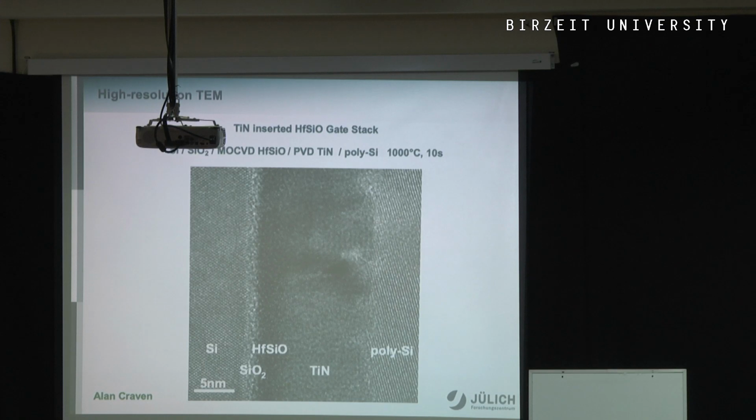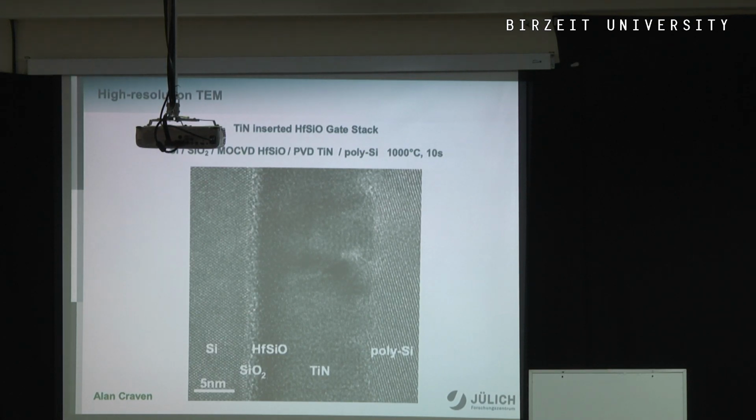But the result is also that the images that are recorded tend to be very complicated because of multiple scattering. For heavy atoms, even 1 to 2 atomic layers of material already result in multiple scattering of relativistic electrons as they pass through a sample.